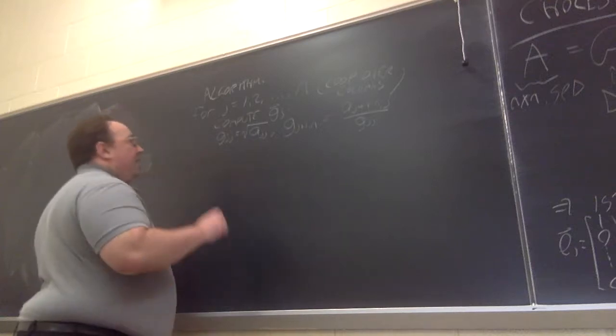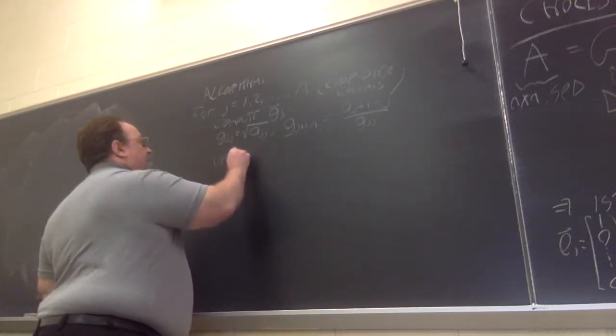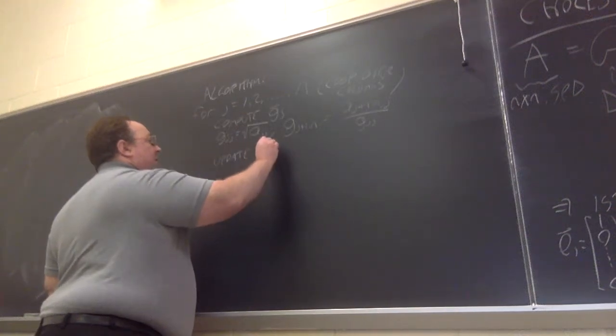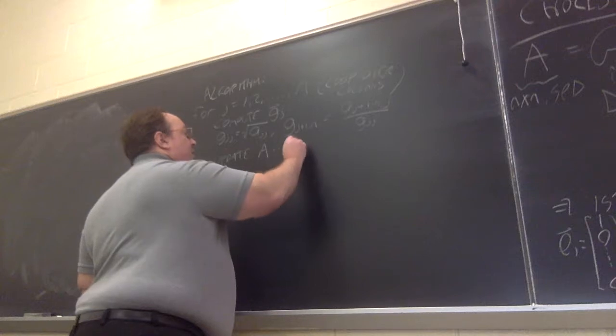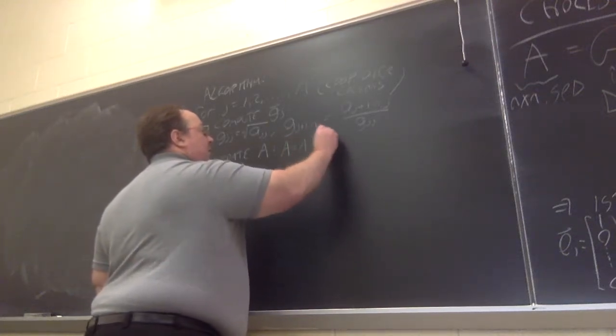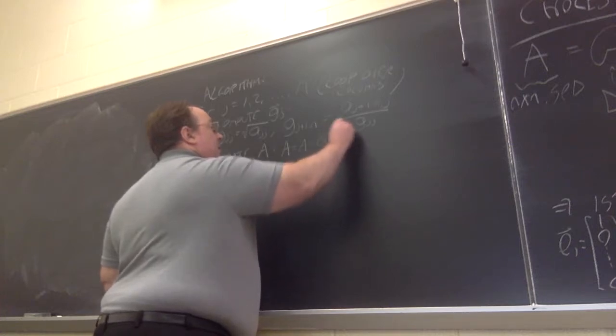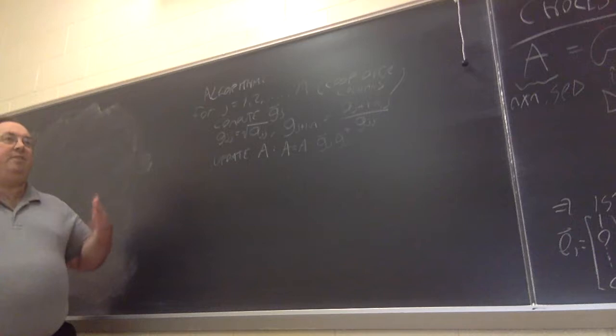Next thing to do, you want to subtract off Gj transpose to set up A for the next iteration.